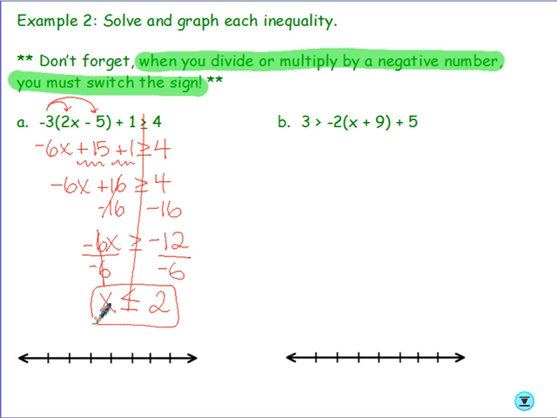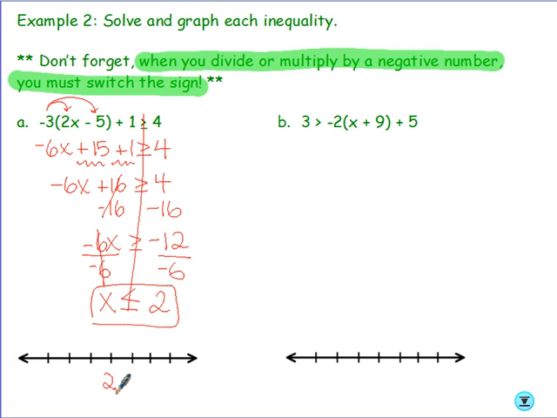Now we need to make a number line. Now I allow you guys to make what I call a lazy person number line. You don't have to put a whole bunch of numbers on your number line. You take your important number, which is the number 2, and you put it in the middle. Then we need a dot. Remember we talked about open and closed?